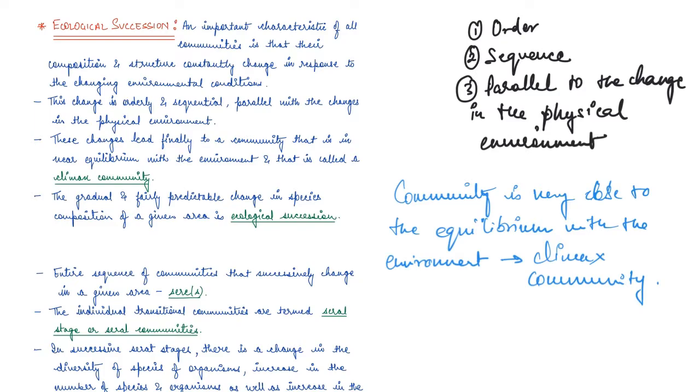Now, this entire sequence of communities that successively change in a given area is known as the sere, right? Now, the individual transition which is happening among this community of sere is known as seral stage or seral communities, right?